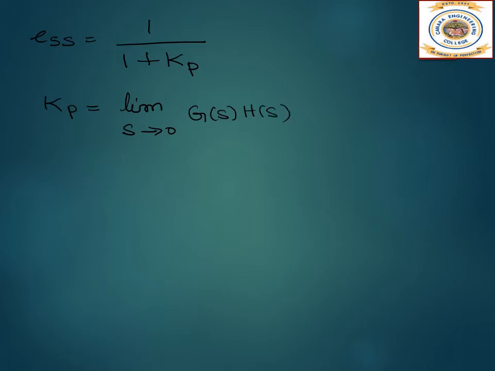Where, what is KP? KP is known as the positional error constant. So if we have a step input, then the error constant is known as the positional error constant.